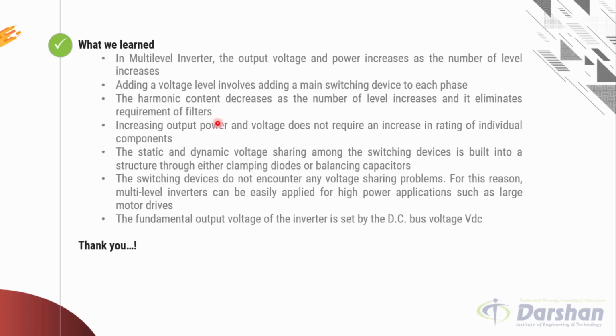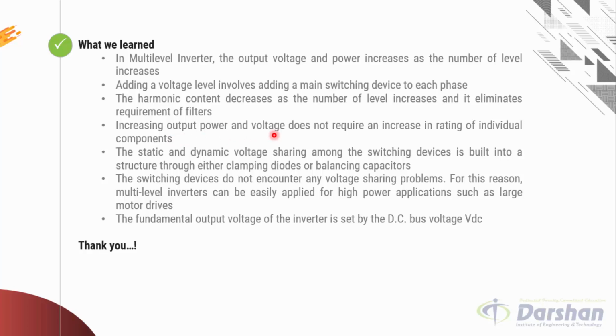Apart from that, increasing the output power and the voltage does not require an increase in the rating of individual components. Rather than increasing the ratings of the individual components, we are increasing the number of components having lower ratings.